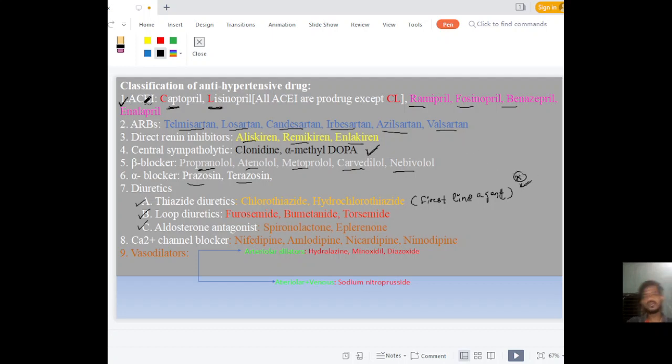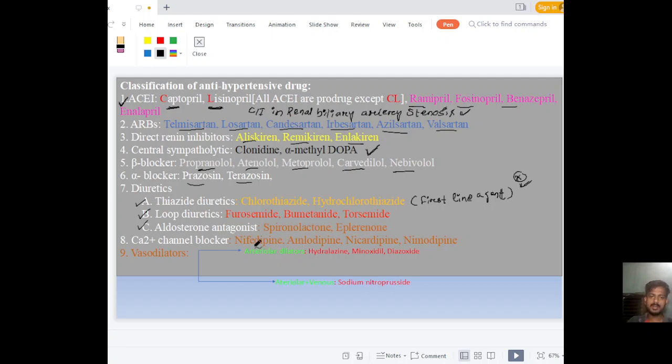ACE inhibitors are also first line agents in hypertension, except that they are contraindicated in renal artery stenosis.